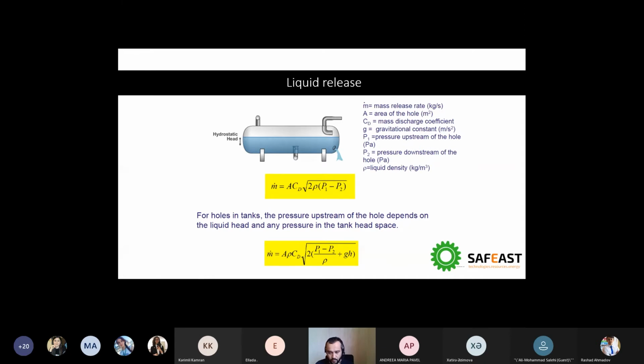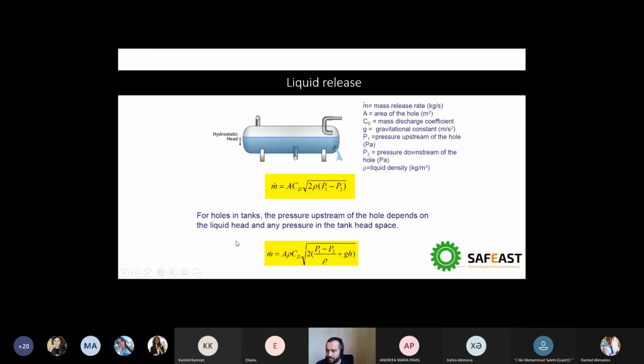If you have got an extreme upstream condition, it will result in an extreme release rate. The density of the liquid will also define the release rate. For pressurized releases, I'm sure you all know this, you should add hydrostatic head, etc. But for a pressurized leak, you can ignore this because it will be a very tiny part of the total.